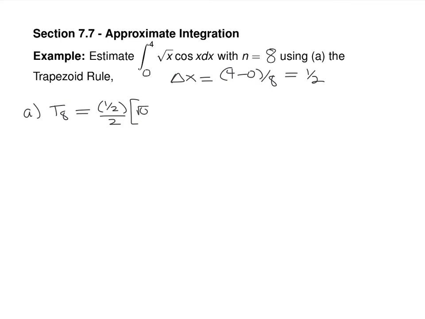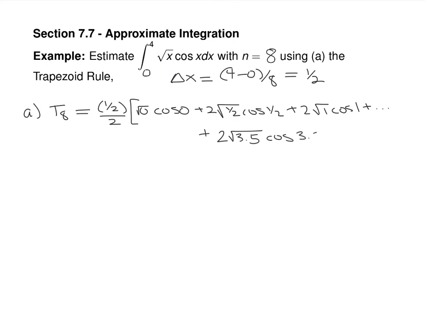So 0, root 0 cosine 0, plus twice root 1/2 cosine 1/2, plus twice root 1 cosine 1, you get the idea, dot dot dot, plus the second to last thing you have will be 2 root 3.5 cosine of 3.5, plus root 4 cosine of 4. And if you want to work out what that is, it'll be approximately negative 2.364.